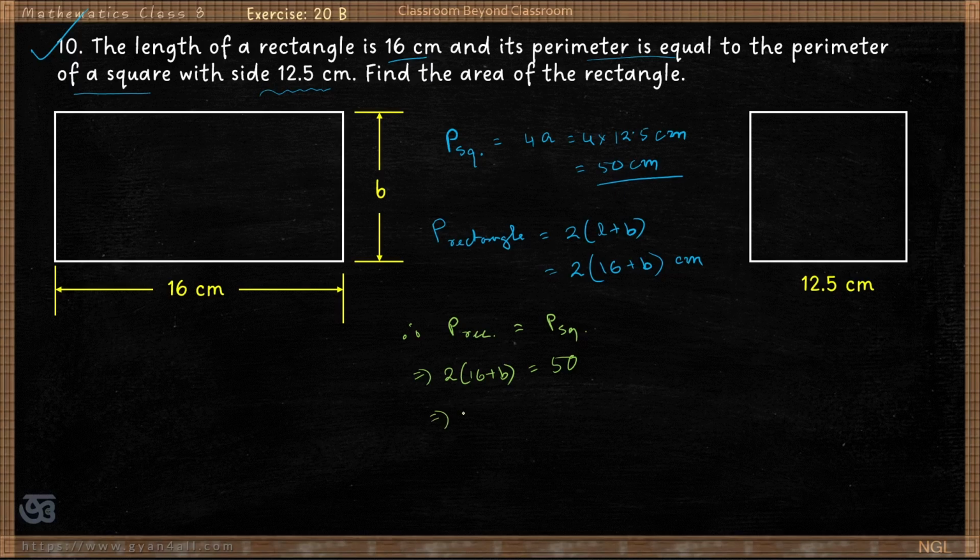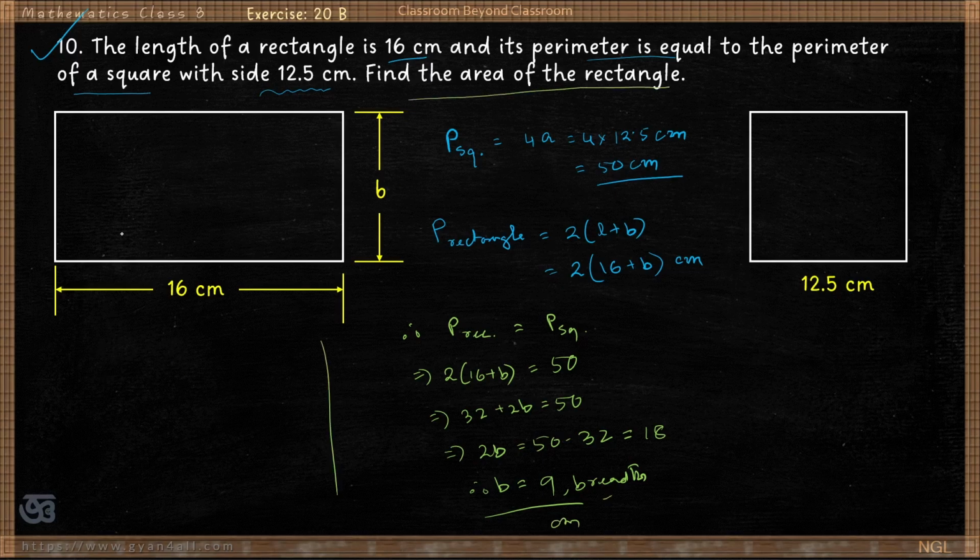So from this is 32 plus twice B is equal to 50, and here twice B is equal to 50 minus 32, that is equal to 18. Therefore B is equal to 9. So we got breadth B is equal to 9 centimeter. So we have to find the area of the rectangle.